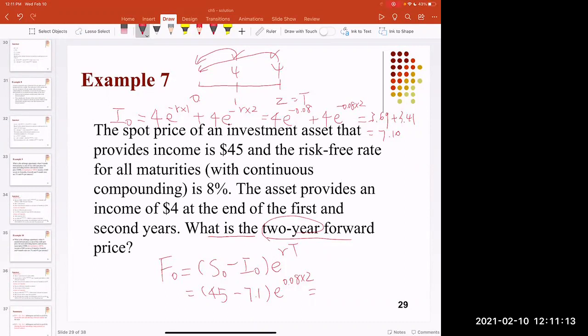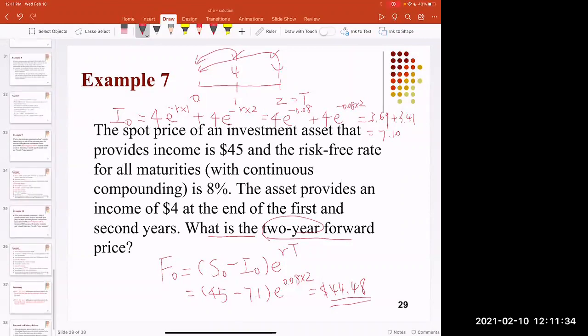Is it $32.30? No, can you try it again? For F0, I got 44.48. Yes, that's correct. When you do the question, just double check your answer, okay?